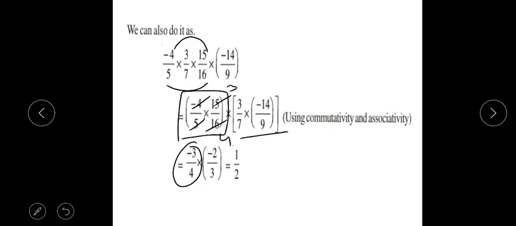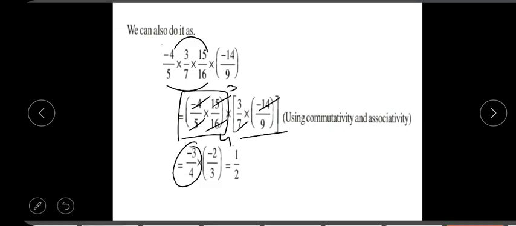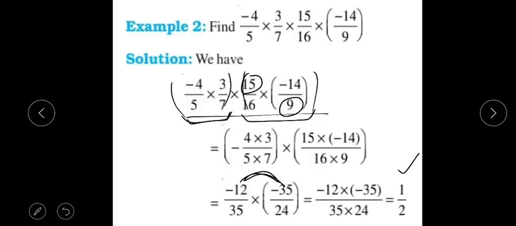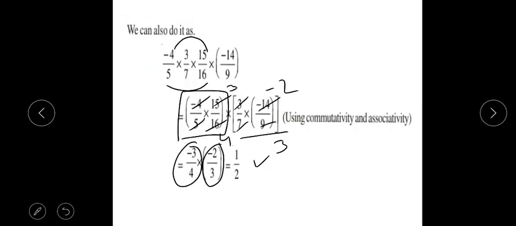Similarly here, 7 divided into minus 14 gives minus 2, and 3 will cancel 9, 3 times. So minus 2 by 3, and the answer is 1 by 2. Now you can easily compare that in the first method you have to multiply the larger numbers, and it is time consuming. But here, when we cancel out certain terms and associate 2 terms together to match them, it becomes very easy for us.